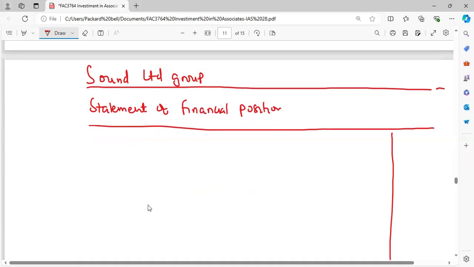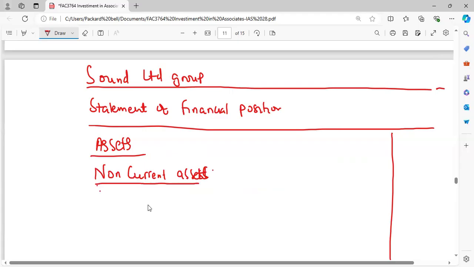So we have our assets, non-current assets. Under non-current assets, we are going to have PPE. There is no adjustment for PPE here.